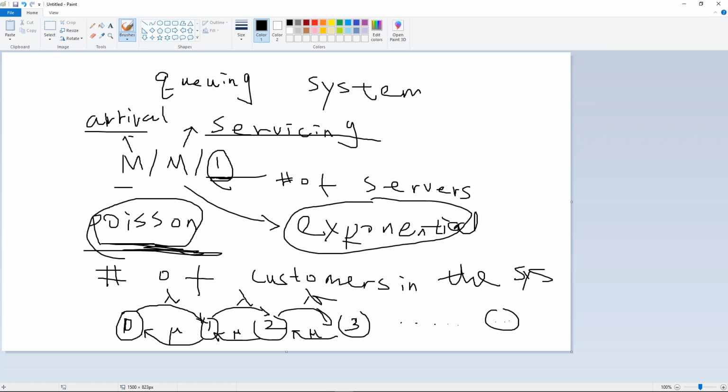So in other words, you have a random process in terms of the arrival and some other process that you want to model in terms of the servicing, and then you have some other, more complicated situations.